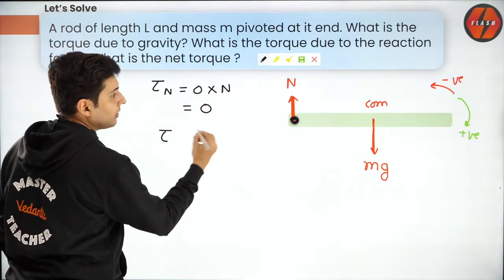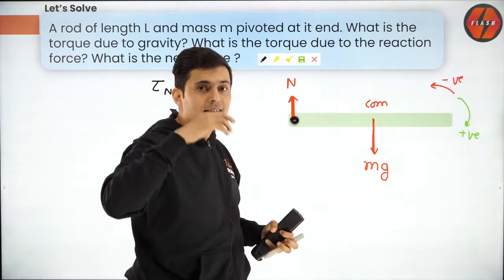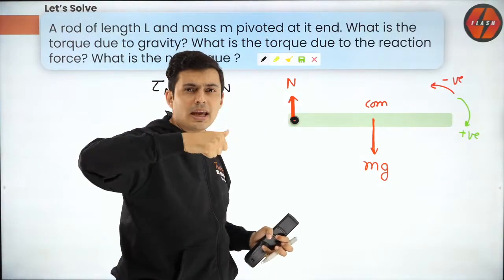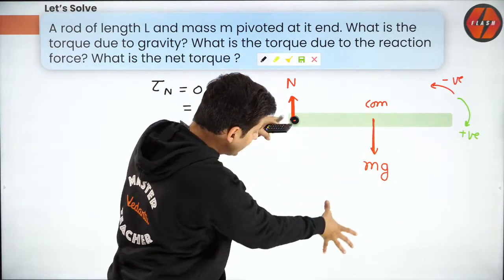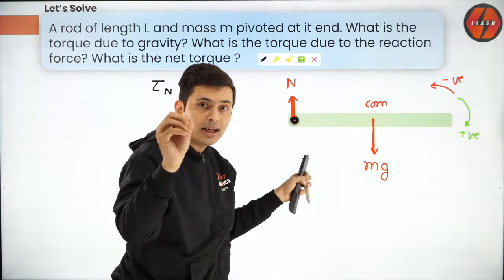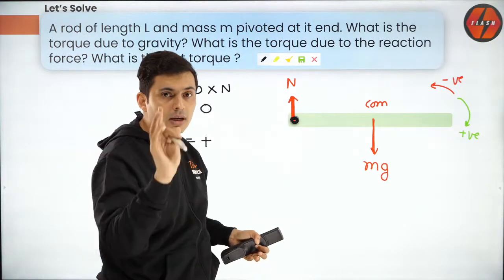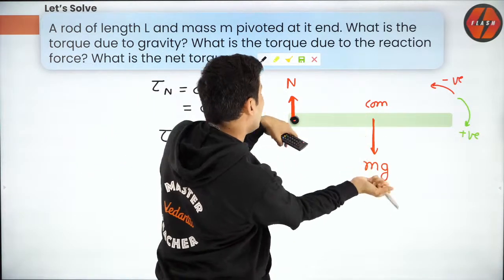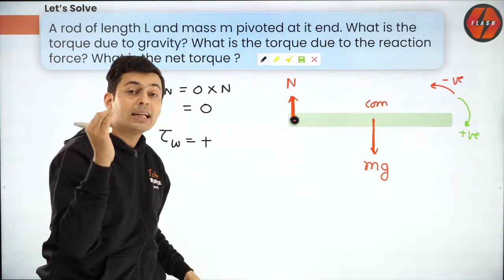Now the torque by the weight, direction wise, think about it. You don't have to do r cross F. Just think, what will this force do? This force will try to rotate the rod like this. Which direction is that? Positive. So first put a plus sign. If mg was up, it would try to rotate the rod this way, so that torque would be negative.